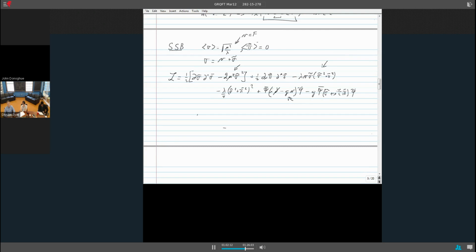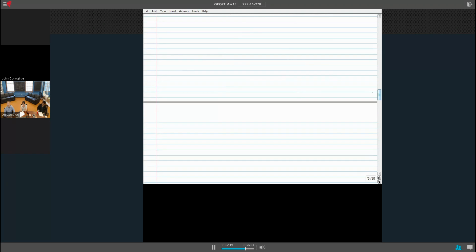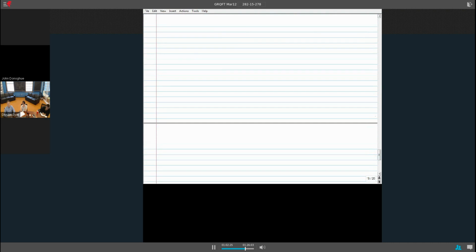So this is a triple coupling. There's the lambda phi to the 4th, (sigma twiddle squared plus pi squared) squared. The nucleon picks up a mass, so it's psi bar (i d slash minus G V) psi.